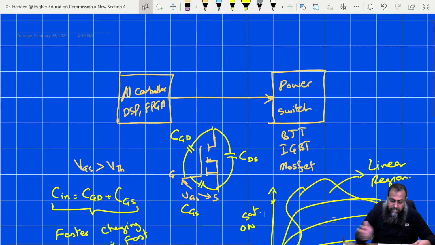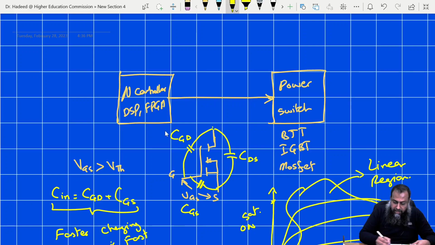So here we can see that if we have the microcontroller connected directly with some power switch, for example, say the MOSFET, then the amount of current which is required to charge the input capacitance, which is the capacitance connected between the gate and the source, requires some amount of current to charge at a higher rate.